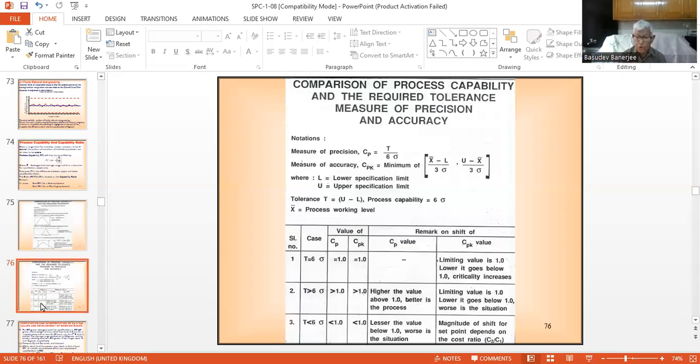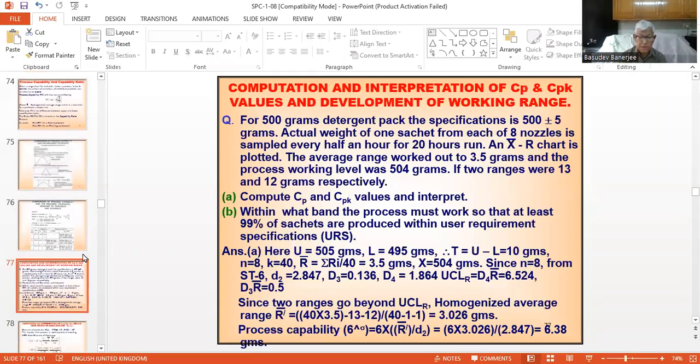Now we go to the long-term performance index, that is PP and PPK. Okay, let's work out this example. This example is given in page 22-11, example 4.